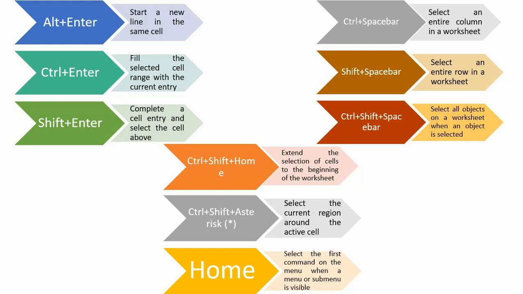What if you want to extend the selection of cells to the beginning of the sheet? Ctrl Shift Home. Select the current region around the active cell: Ctrl Shift and asterisk. Select the first command of the menu when a menu or submenu is visible: you need to press Home.